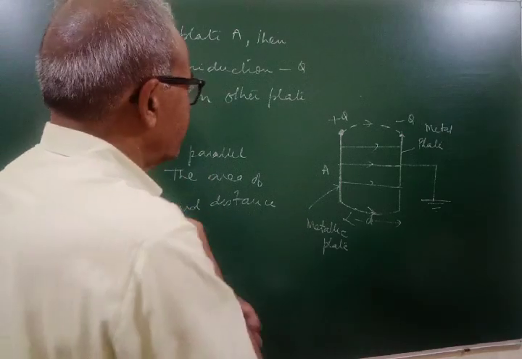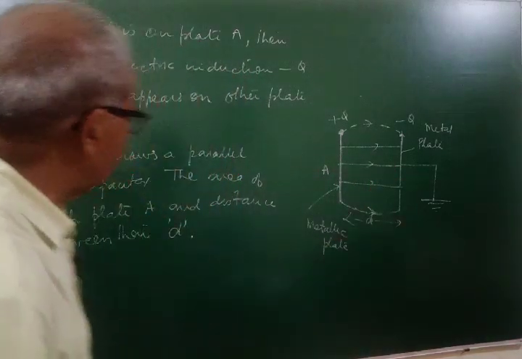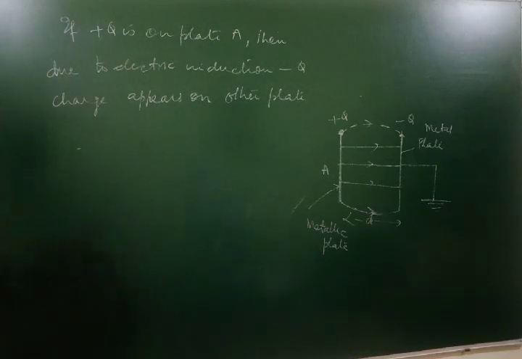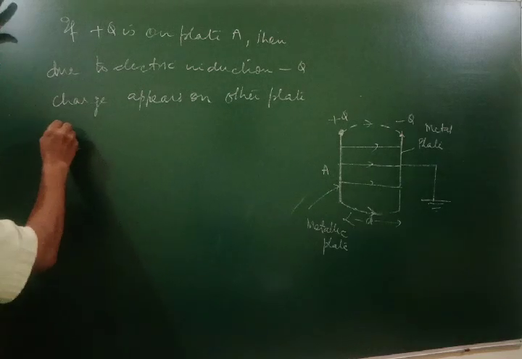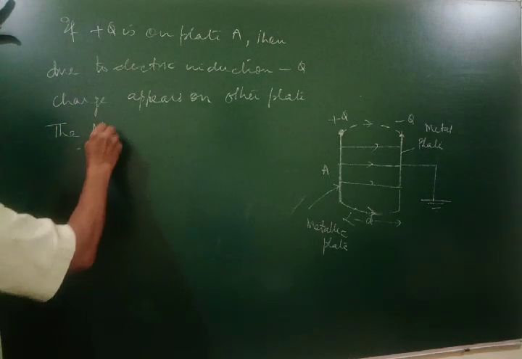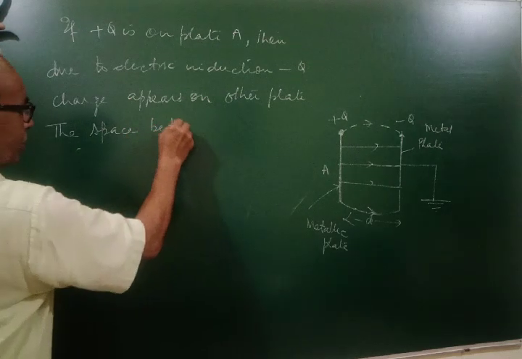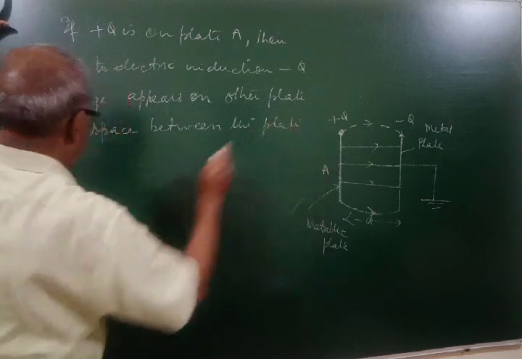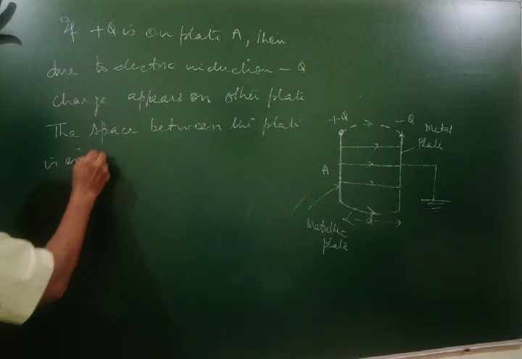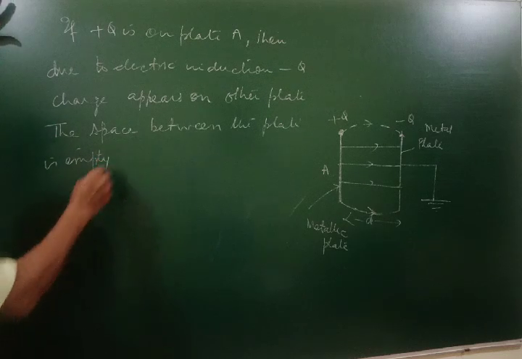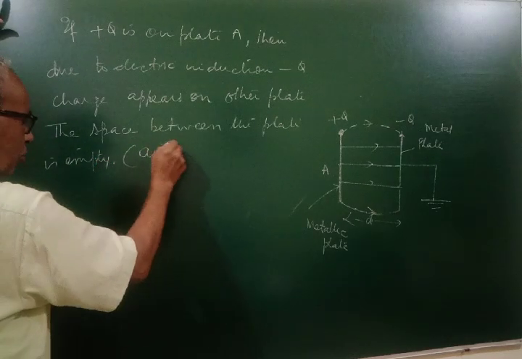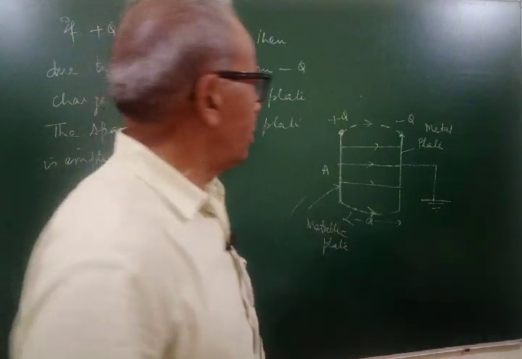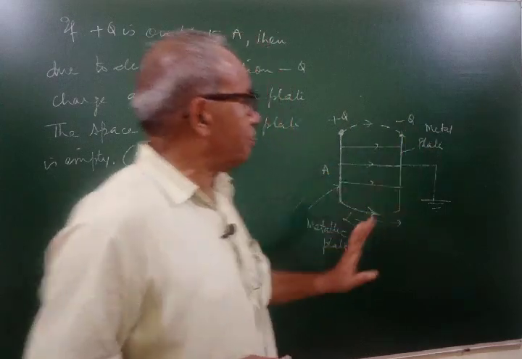due to earthing. In between, the space between the two plates is either vacuum or filled with air or some dielectric. Here the space between the plates is empty, or it may have air also, because at low voltage air is also an insulator, through which charge does not flow.